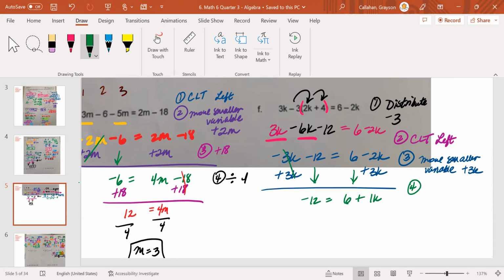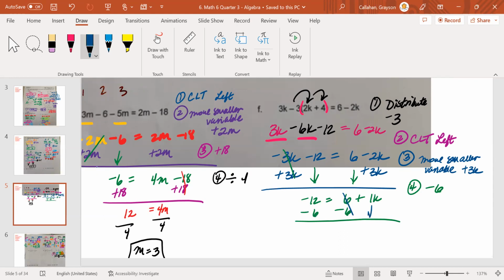Oh, I thought you said 5k. All right, okay, next step. No, you're gonna have to move something. What are you moving? Yeah, the opposite of a positive 6 is a negative 6, because remember, your job's to get k by itself, right?